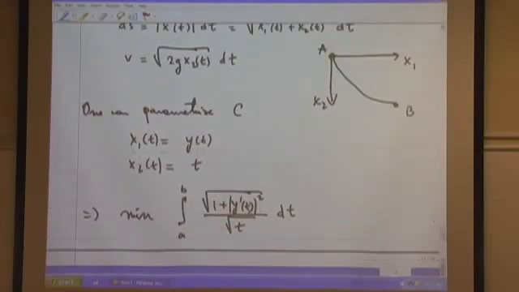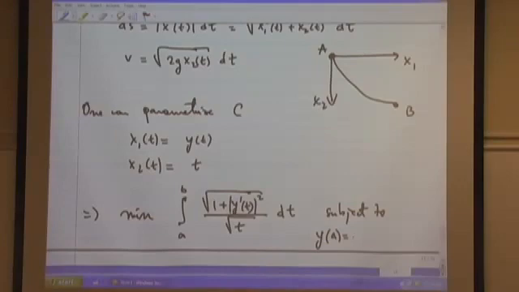So subject to y of a is, that would be the displacement sort of.